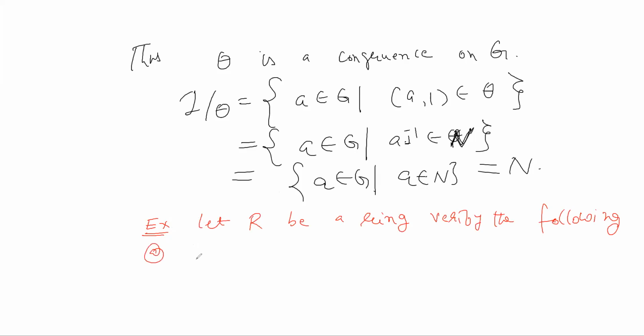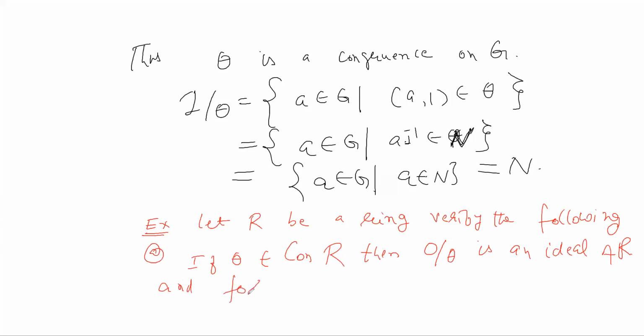First part: if theta belongs to the set of congruences of R, then the equivalence class of 0 is an ideal of R, and for a, b belonging to R, the pair (a, b) belongs to theta if and only if a minus b belongs to the class 0 by theta.